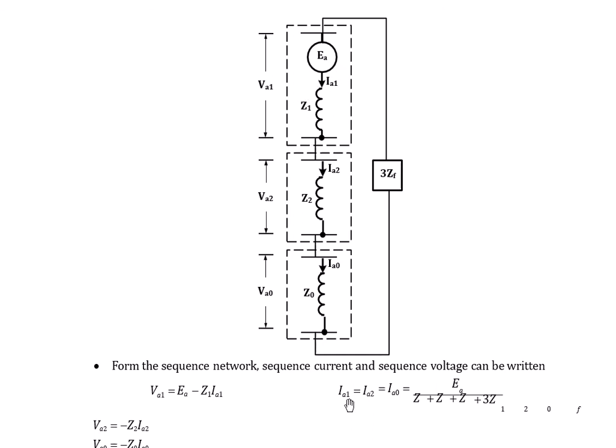Then Ia1 equals Ia2 equals Ia0, which is Ea upon Z1 plus Z2 plus Z0 plus 3Zf. Whatever is connected in the neutral point will reflect 3 times.